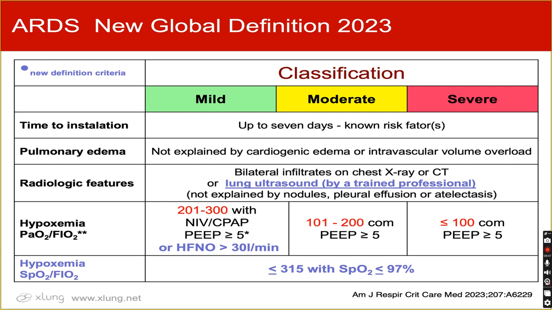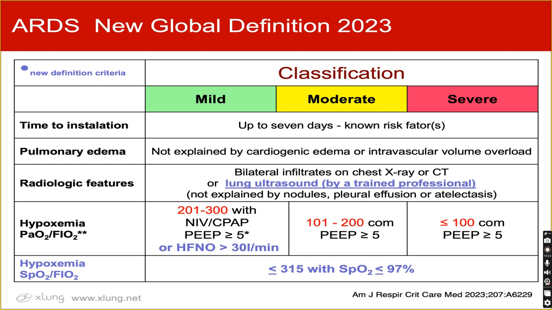But eventually, after COVID, a lot of experts and societies realized that ABG is not available in all parts of the country, particularly in underdeveloped or developing countries like ours. So they considered a new criterion, that hypoxemia is determined by the saturation to FiO2 ratio. In this new global definition, published in 2023, they don't require ABG.